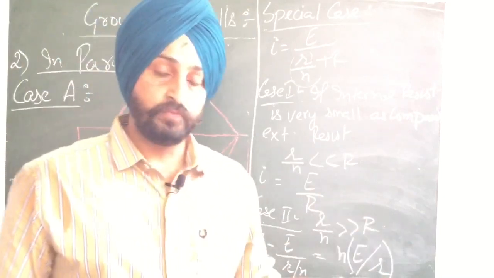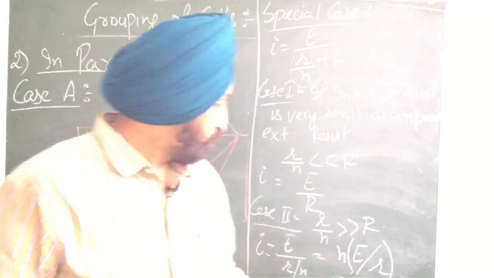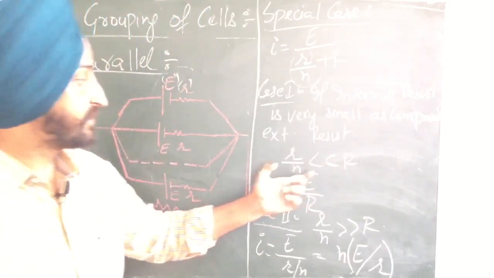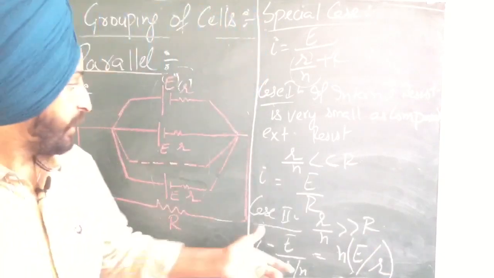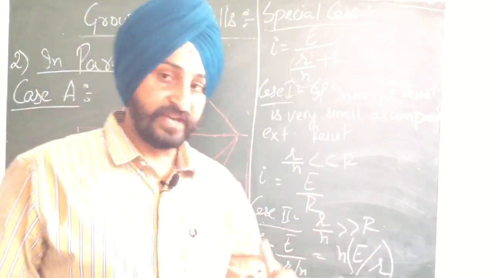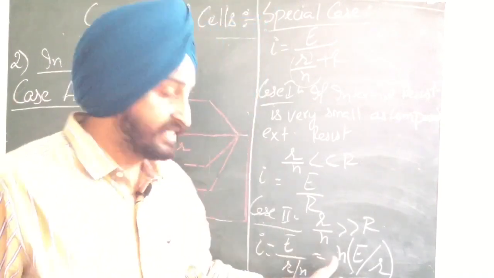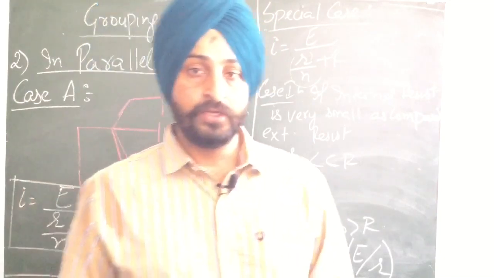So from these two parts, it is clear that if internal resistance is very small as compared to external resistance, the current will be very low. But if internal resistance is very large as compared to external resistance, the current will increase n times as compared to the current due to one cell.